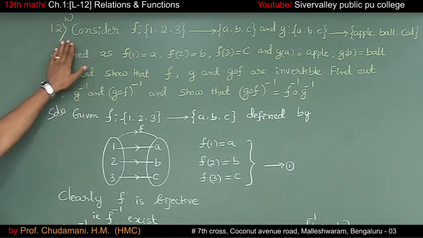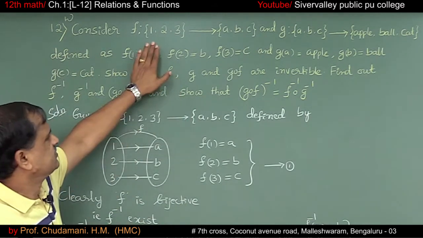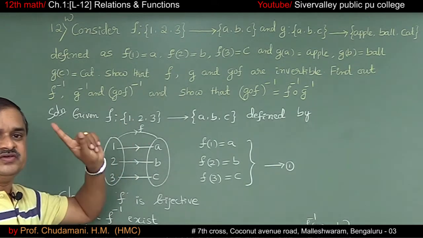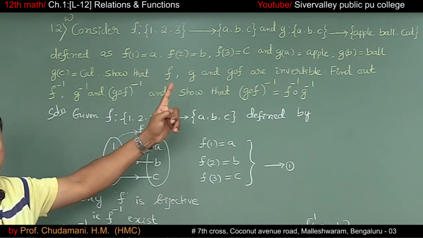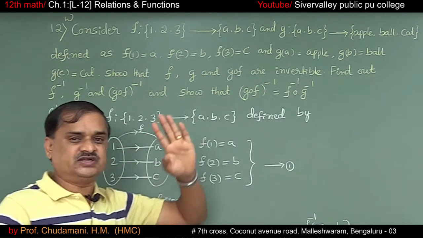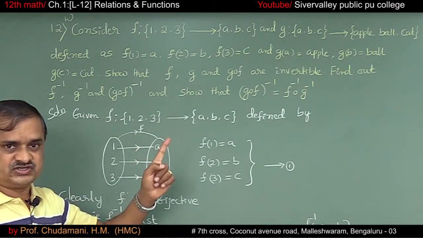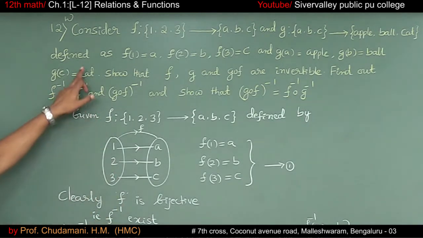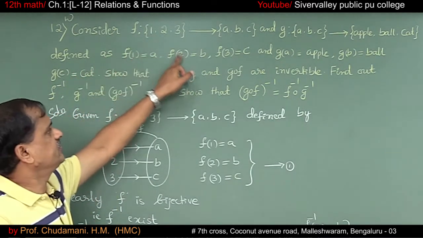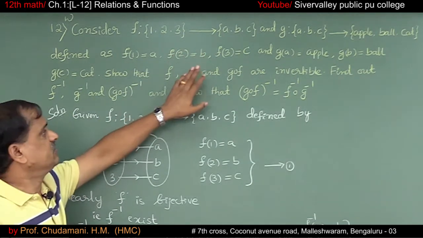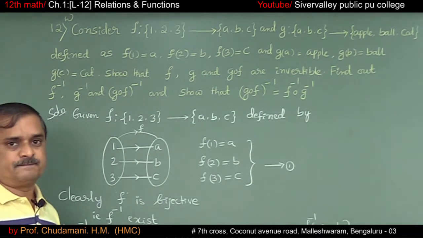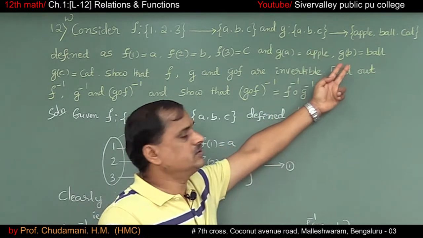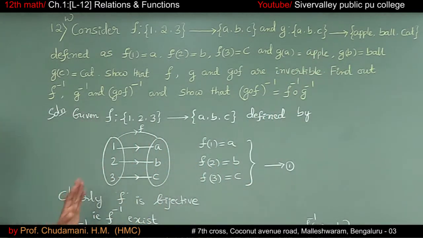12th one, worked example. Consider the function f from the set {1, 2, 3} to the set {A, B, C}, and another function g from the set {A, B, C} to the set containing apple, ball, cat, defined as f of 1 is equal to A, f of 2 equals B, f of 3 is equal to C, and g of A equals apple, g of B equals ball, g of C is equal to cat.